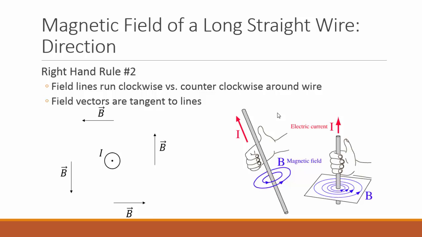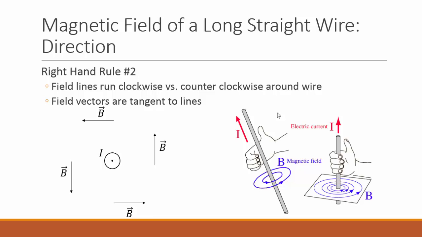And we're going to introduce the rules to figure out the direction and the magnitude of the magnetic field it creates. We did a similar thing with electric fields, where we showed the rules for the direction of the electric field created by positive or negative charge. In that case, it was very simple. Positive charge always made an electric field that pointed away, and negative charge always made an electric field that pointed towards it.